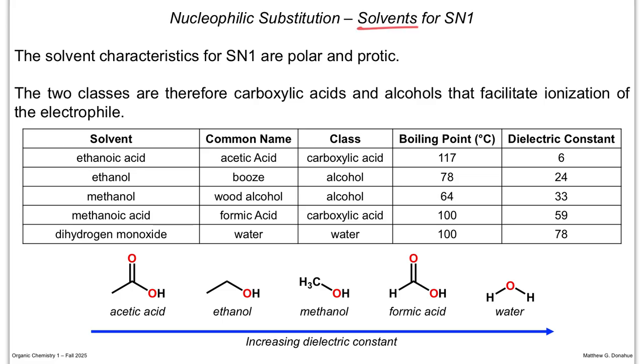So now that we know a little bit about the mechanism, what are the solvents slash nucleophiles? And I kind of need to preface this based on the thoroughness with which these slides are ordered.